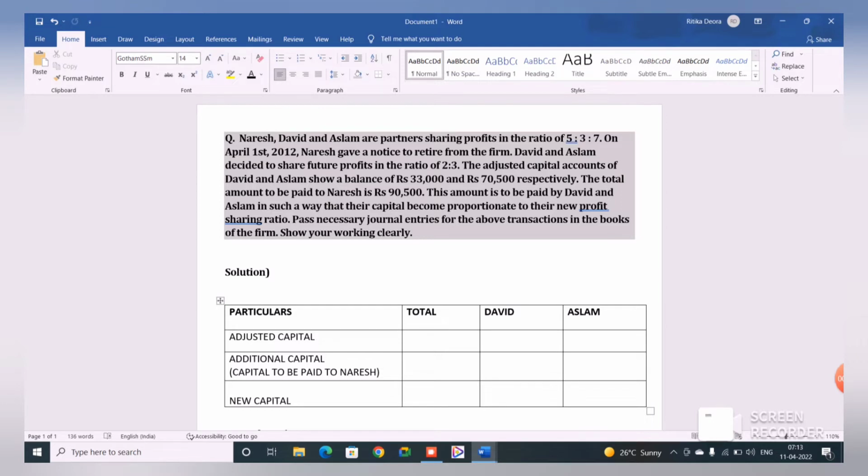So the current bank or cash balance existing in the firm has to be ignored. And second thing, the capital balance of Naresh is not to be considered as a loan, but it is to be paid off, and that too it has to be brought in by the remaining partners.